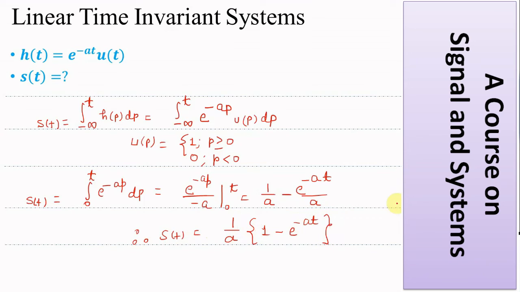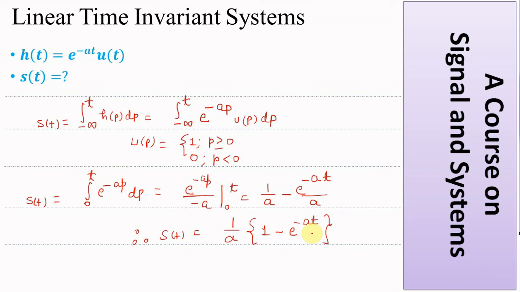What values of t are allowed is also to be focused on, because if we have performed the integration from 0 to t, we should always appreciate that t cannot be negative.